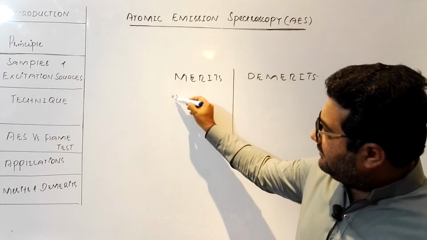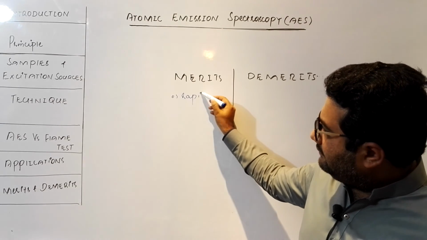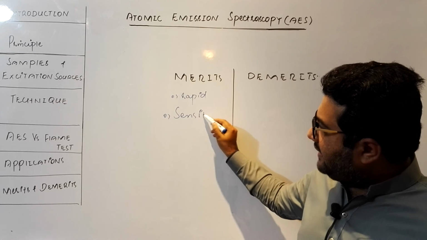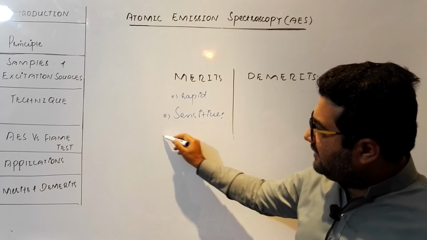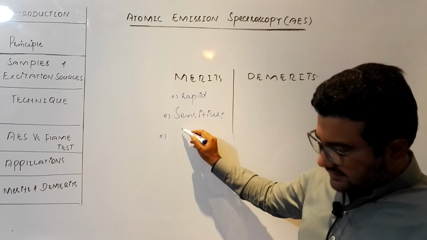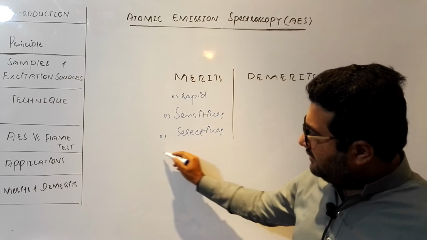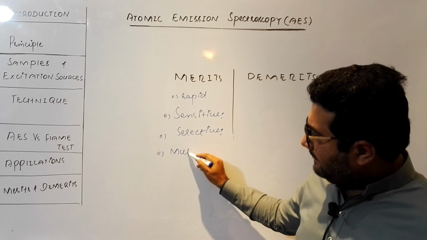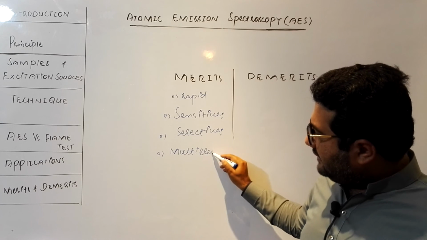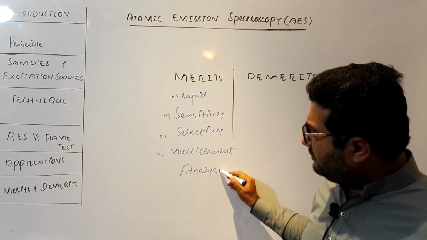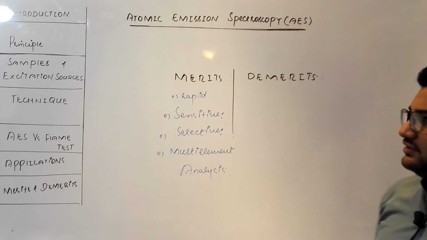It is rapid, it is sensitive, meaning micrograms of the samples can be analyzed even. It is selective and allows multi-element analysis. From a mixture, as I have already told you, mixtures can also be analyzed.